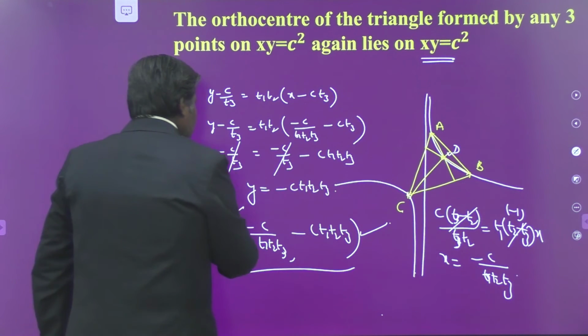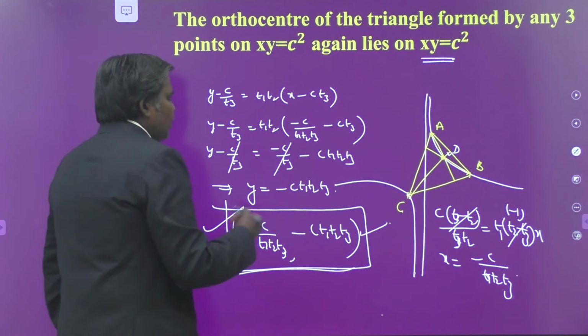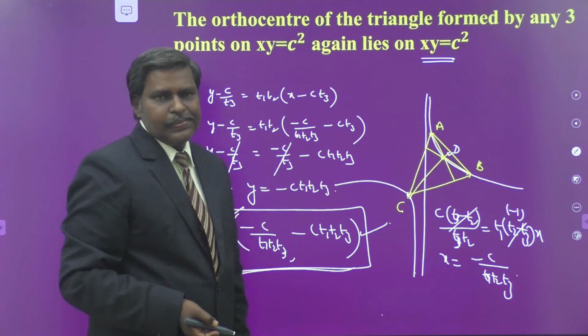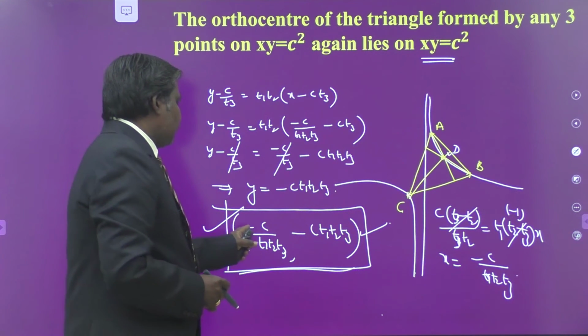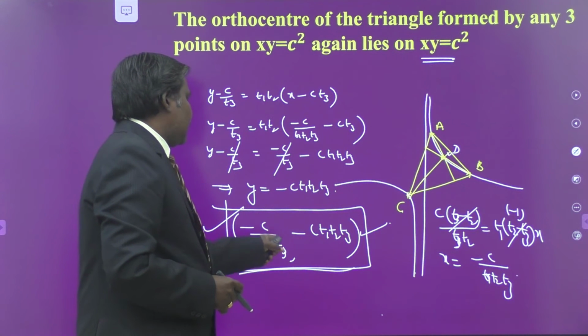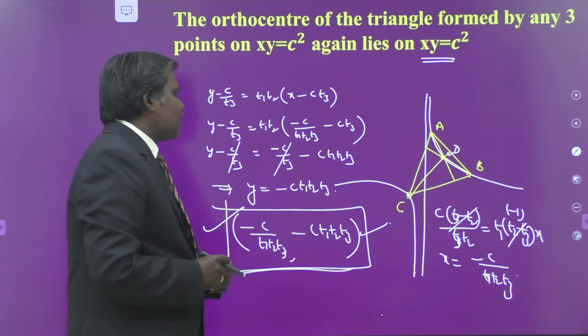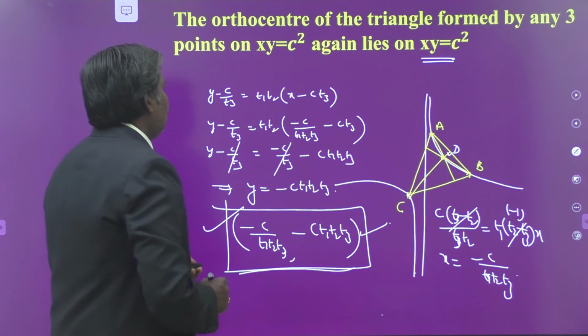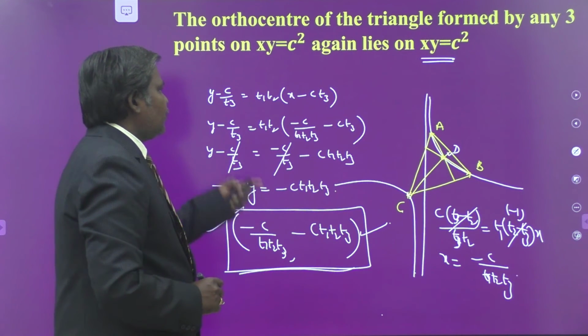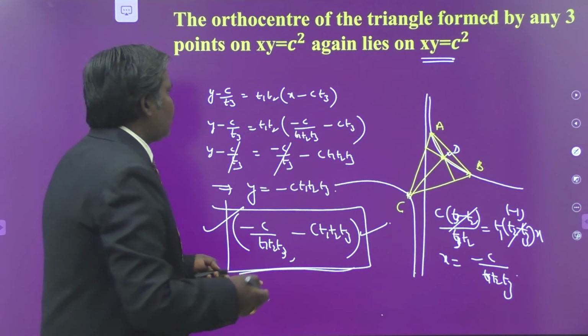It is again on your rectangular hyperbola. Understand? This is a very, very important result for you. With the help of this orthocenter, we can move on to the other concept.